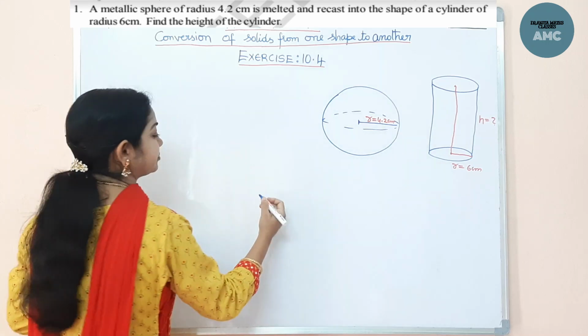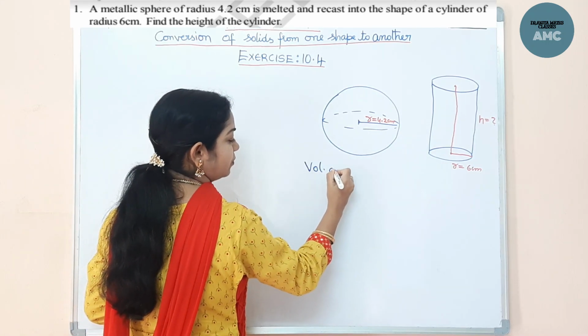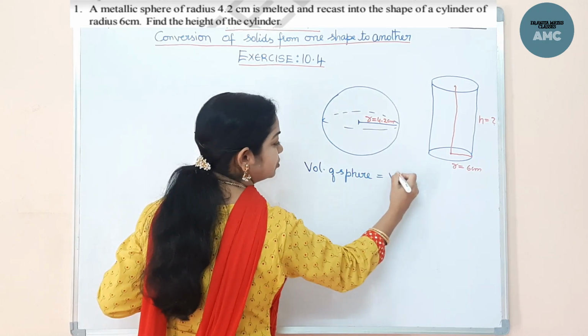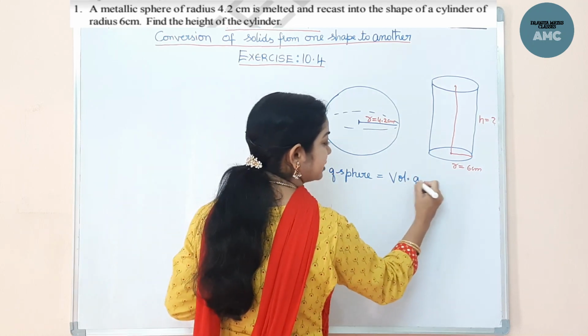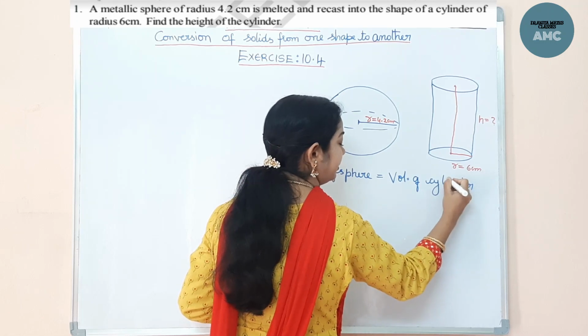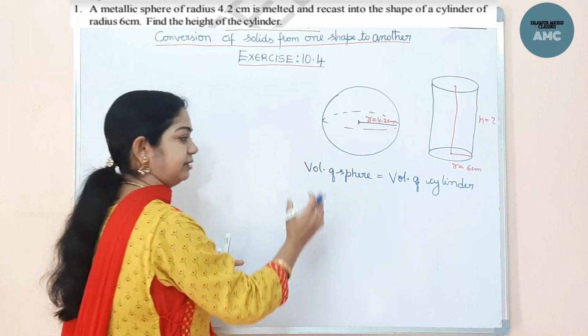Now here, volume of sphere equals the volume of cylinder, because this sphere has been melted and recast into that shape, right?